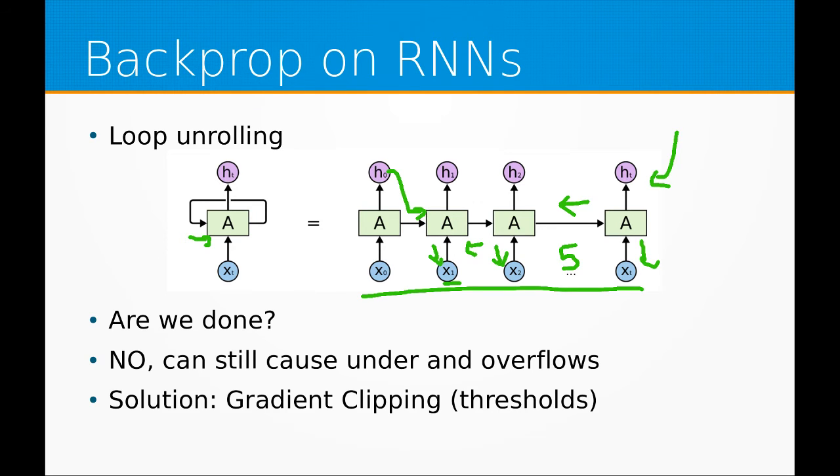So what they do for this is called gradient clipping. In gradient clipping, you allow numbers only between two bounds: you say that the gradient g can only be between A1 and A2.